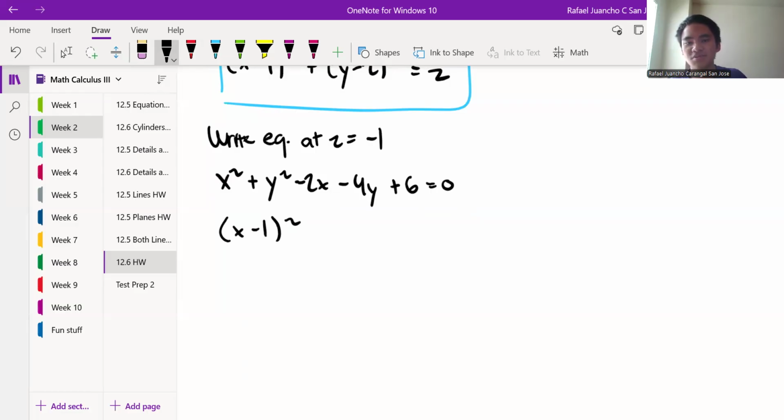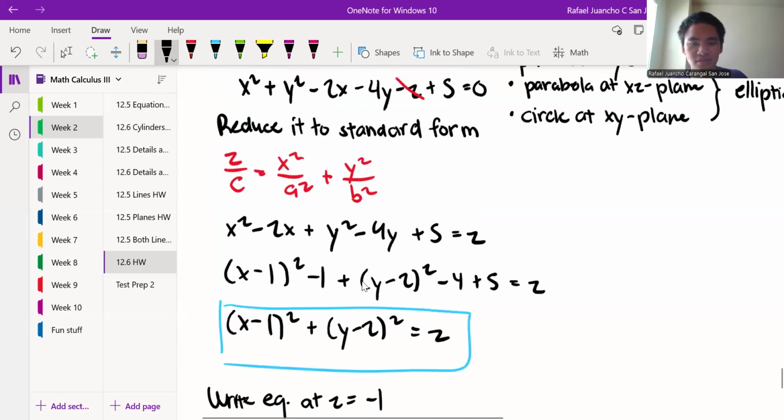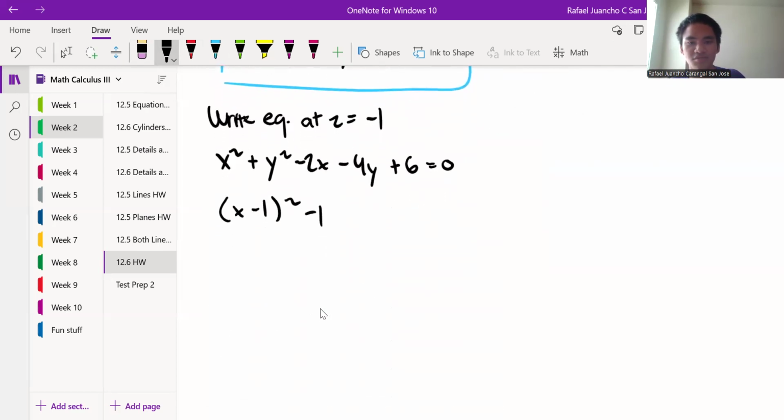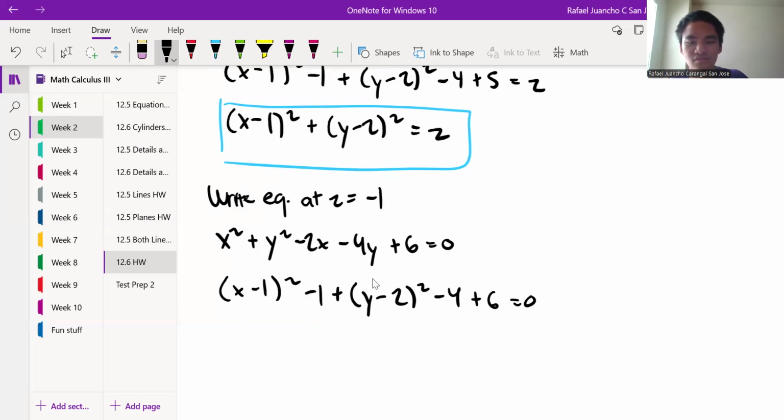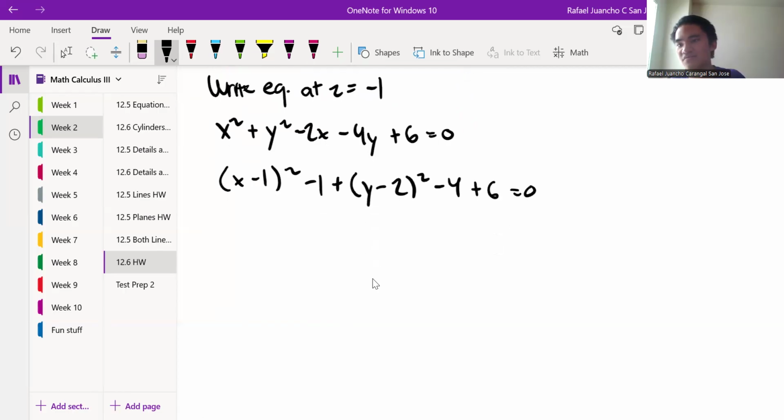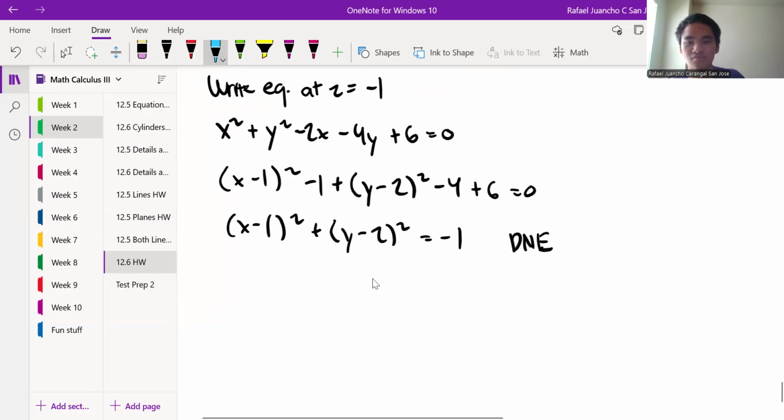So I get plus 1, so this is -1, right? I think that was what I got earlier. And then for the other one, y squared minus 4y, I get this. And I add 6. And then I get -5, and then I get 1. Oh, so I get -1. So this is D and E. There's no such thing as a negative radius.